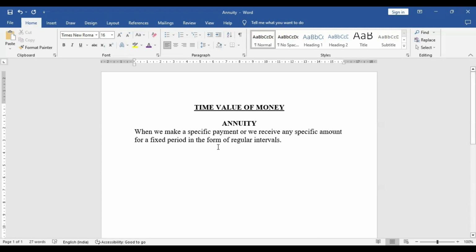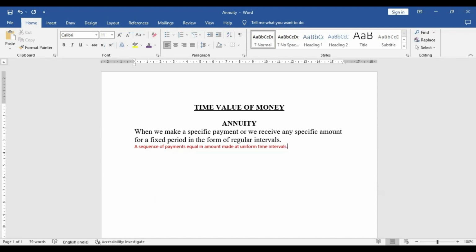That means here the amount that we are making or receiving is fixed for a specific term, and it will be received or paid on a regular interval basis. For better understanding, you can consider this line: a sequence of payments equal in amount made at uniform intervals.